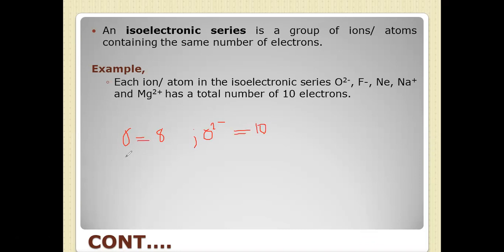And take fluorine, F minus. Fluorine has 9 electrons, accepting one more, therefore it becomes 10.